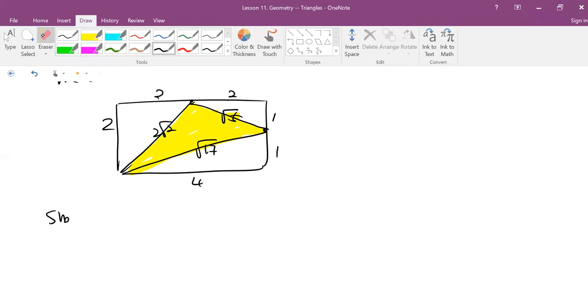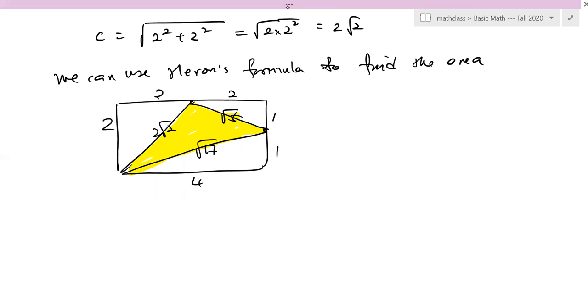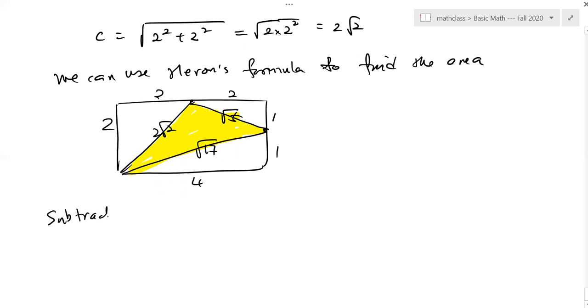Okay, you cannot easily find the area using the 3 sides of the triangle, but you can use a subtraction method. So the area of the triangle is going to be the area of the rectangle, 4 times 4, minus the area of the 3 triangles around it, right? Those 3 triangles around it are all right triangles.